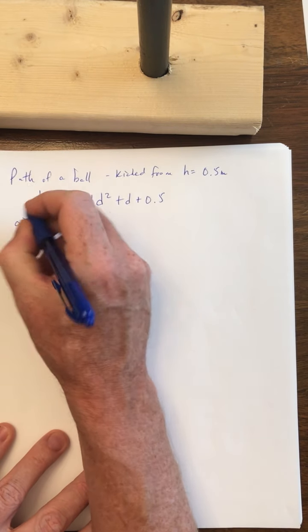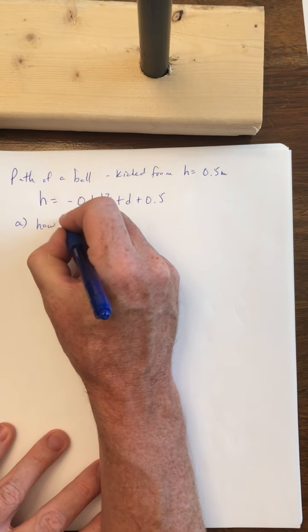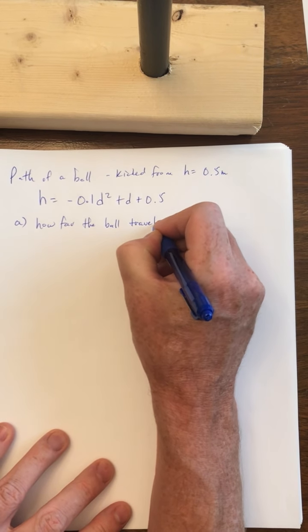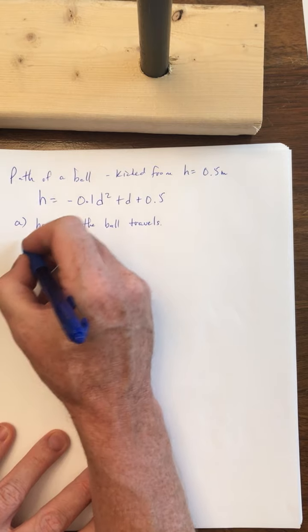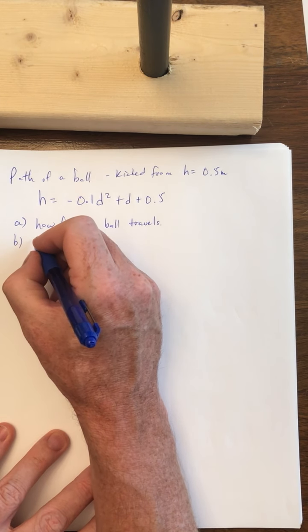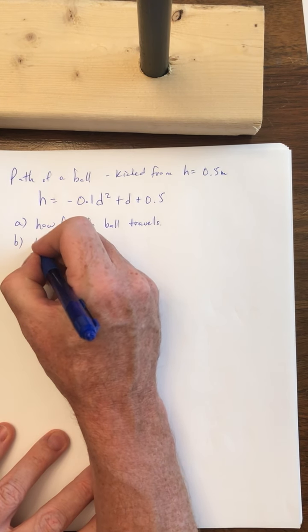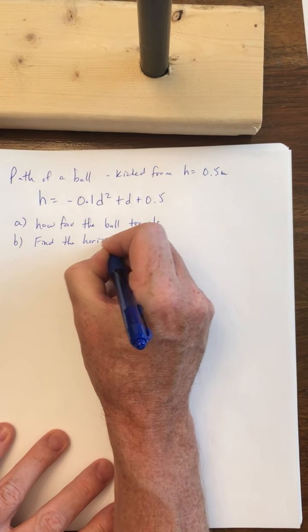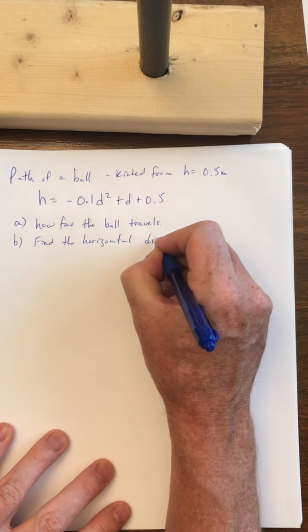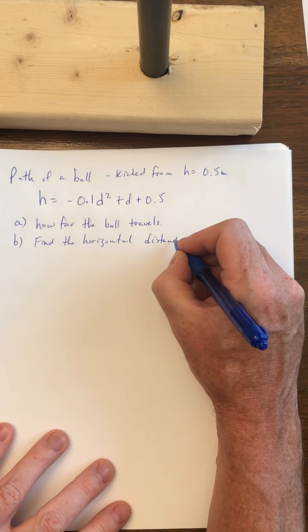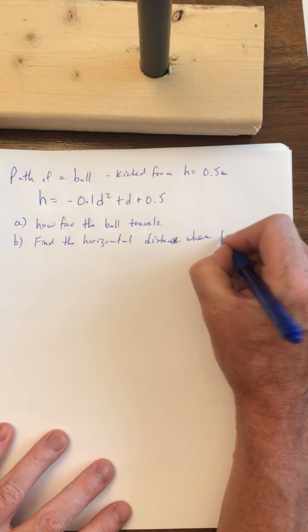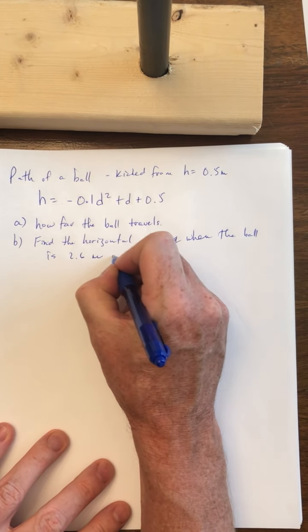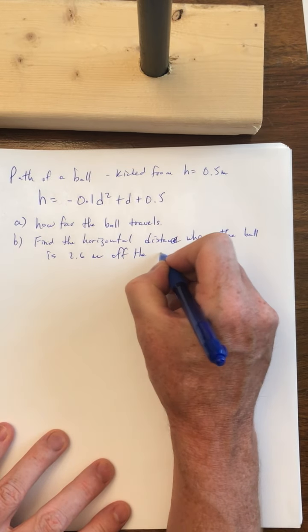So 1, let's find out how far the ball travels. And B, let's find the horizontal distance when the ball is 2.6 meters off the ground.